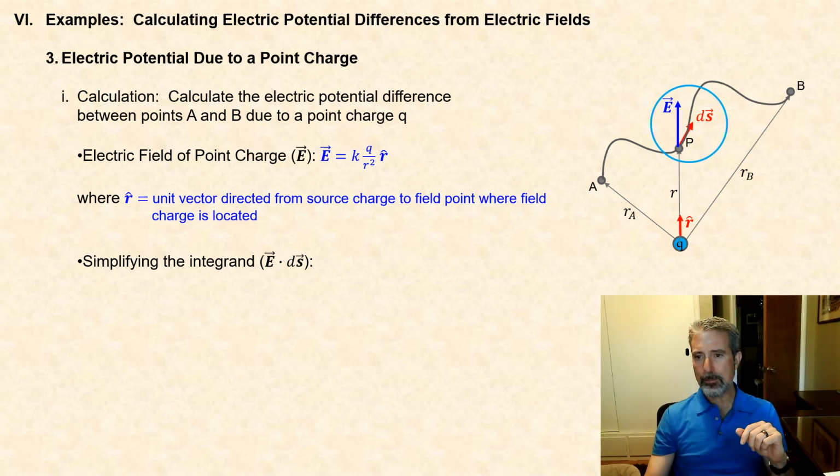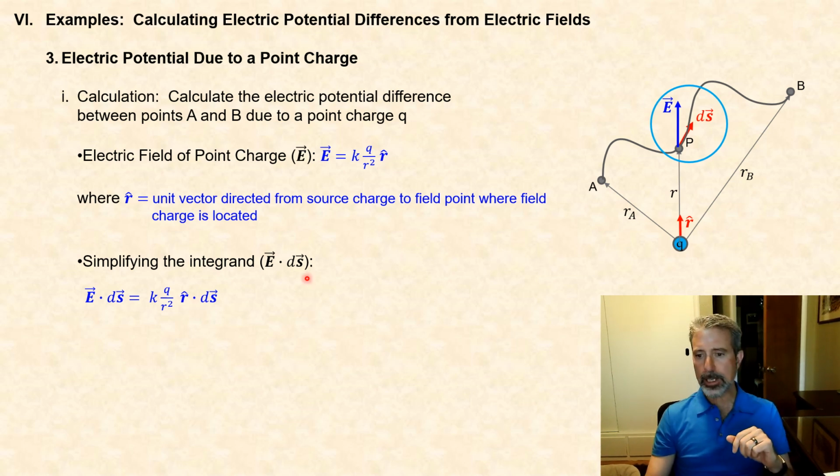Now here, with this blue circle, we see the vector E, we see the displacement vector ds, and we have our expression for E, which has a magnitude kq over r squared, direction given by r hat.